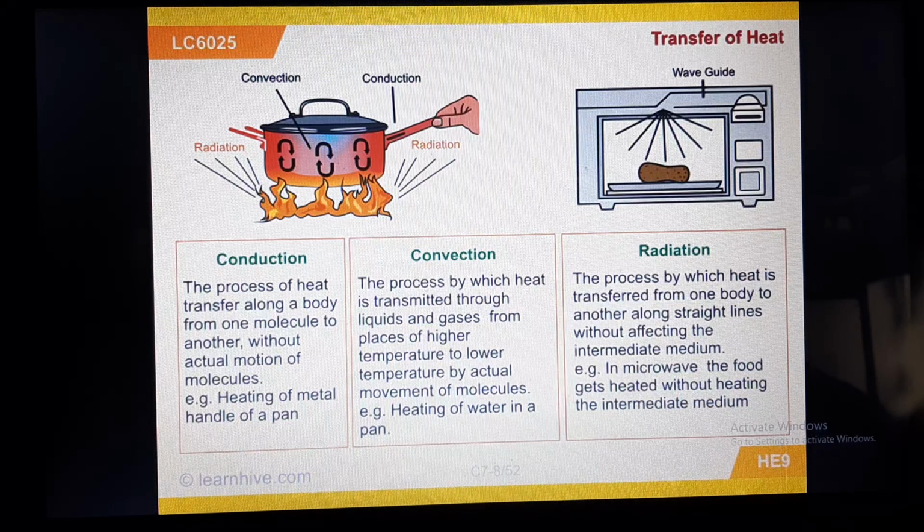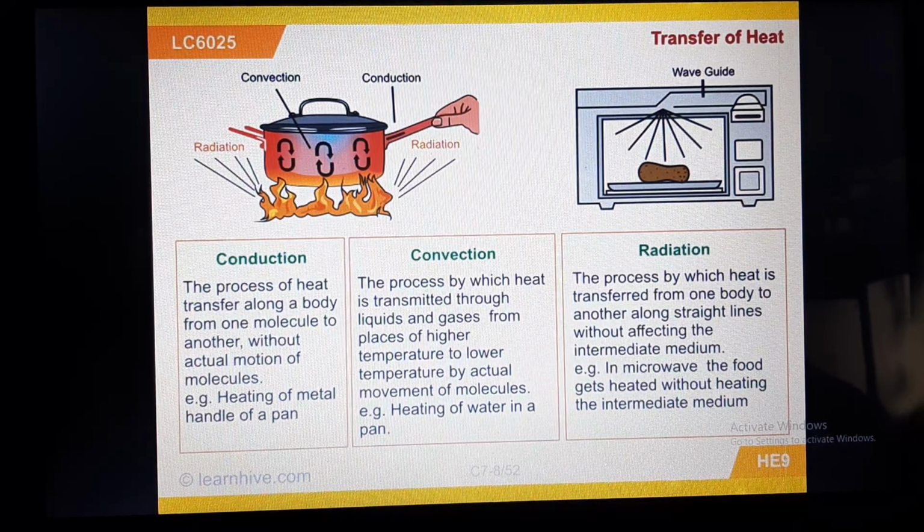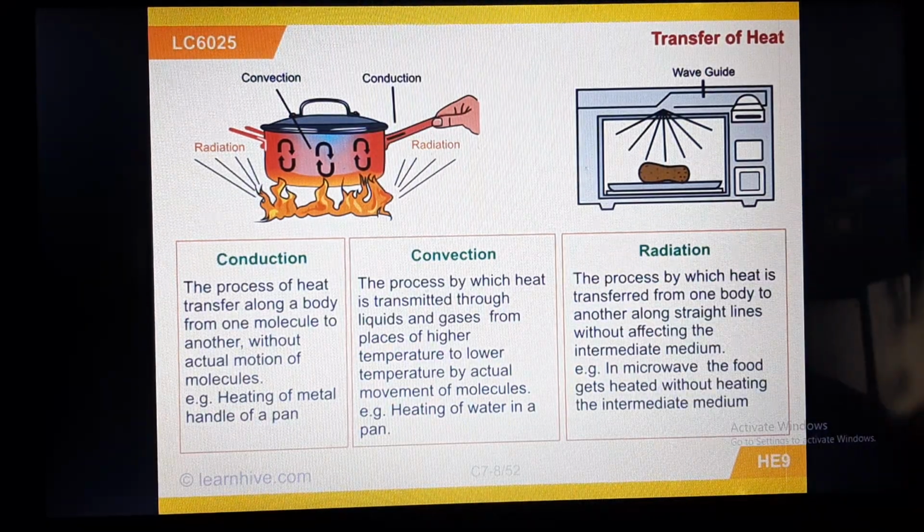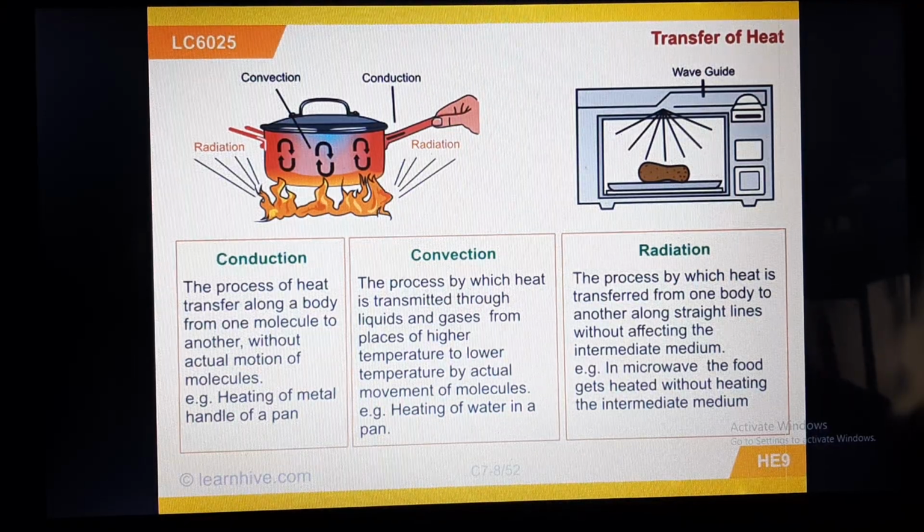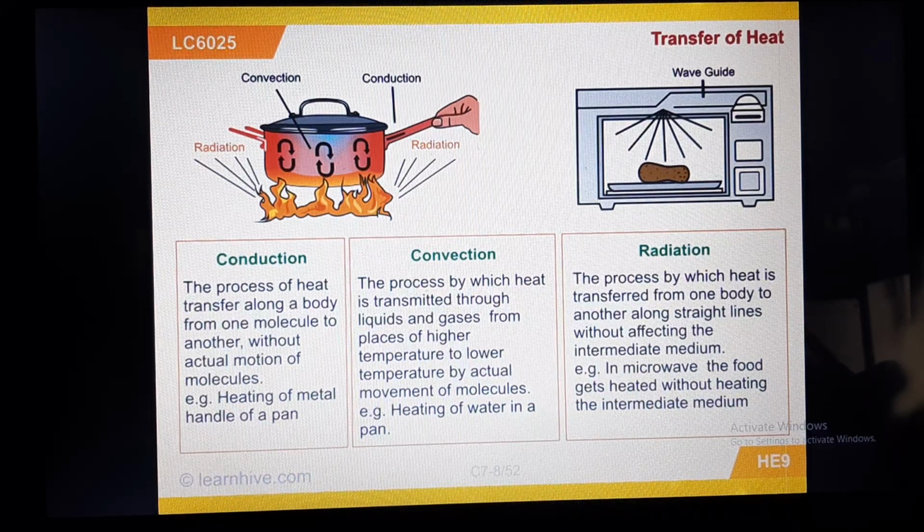For example, heating of the metal handle of a pan. Whereas in convection, the heating is occurring through the movement of liquid and gaseous molecules. For example, heating of water in this pan. And in radiation, the heat is transferred from one body to another body along a straight line without any intermediate medium. For example, food which is cooking in a microwave.